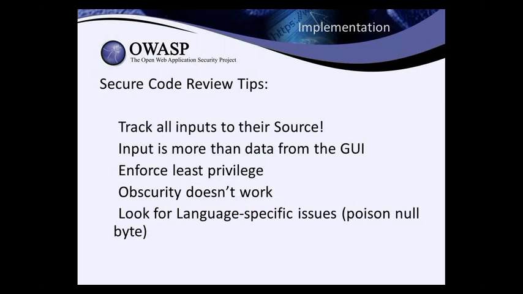Input is more than just data from the GUI, and sometimes it's easy to forget that. An XML file, that's input. Is it being validated? An environment variable, that's input. Is it being validated? Windows registry, that's input. Is it being validated? So it's not just the GUI we're concerned about.